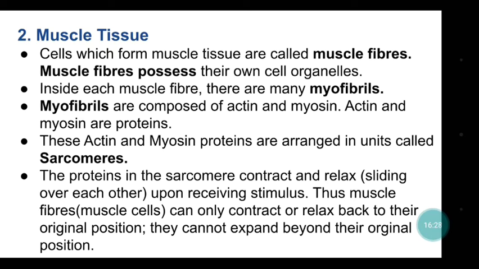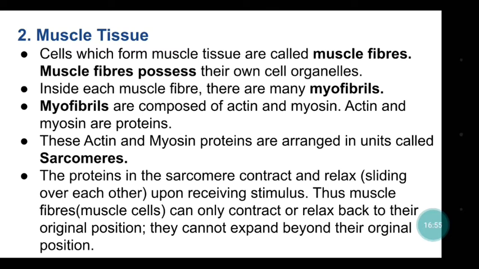So if it receives any stimulus, then it has to respond. How will the muscle tissue respond? It will either contract or relax according to the received stimulus. So this sarcomere made up of actin and myosin will contract and relax, that is, slide over each other upon receiving a stimulus.